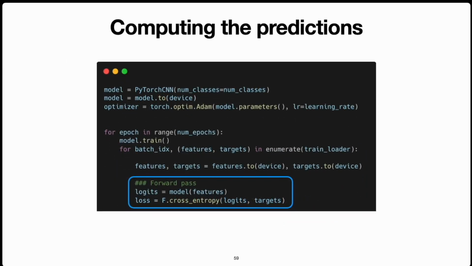Next is computing the predictions, and also calculating the loss. Here we have the forward pass where we compute the predictions, the logits, and then we feed the logits into the cross-entropy loss.